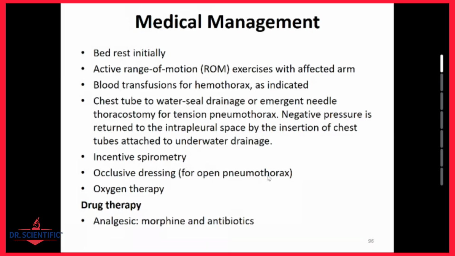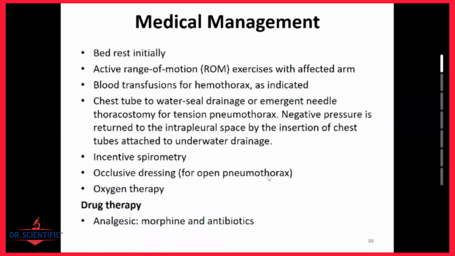Negative pressure should be returned to the pleural space by inserting the chest tubes that are attached to the underwater drainage. Incentive spirometry will be used to assist with lung expansion.